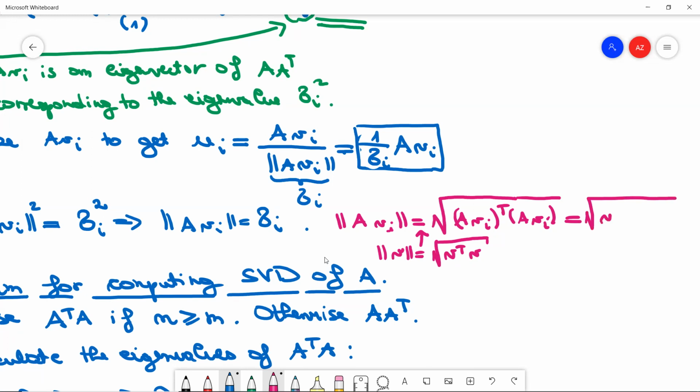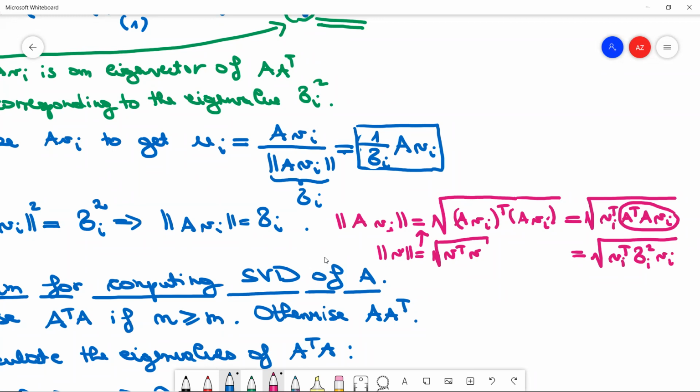So it's VI transpose A transpose A VI. And here I use that VI is the eigenvector of A transpose A by construction, corresponding to the eigenvalue sigma I squared. So we get VI transpose sigma I squared VI.